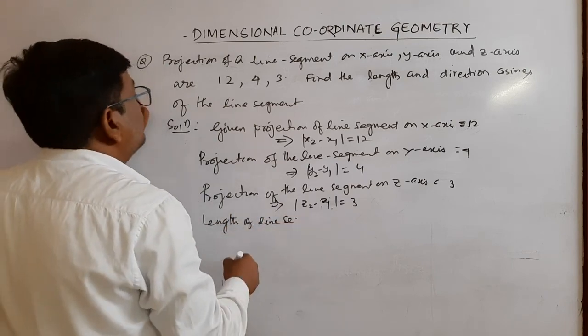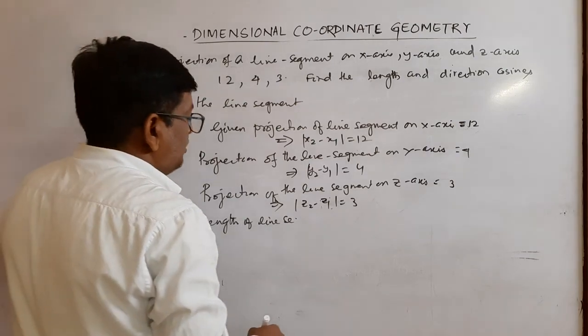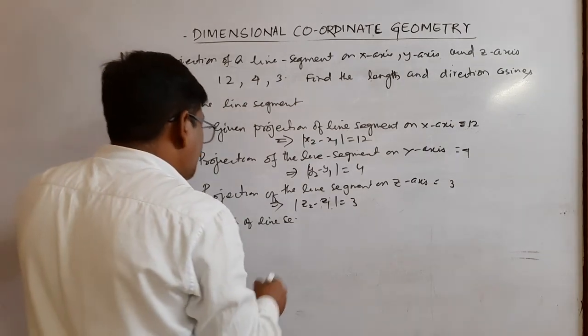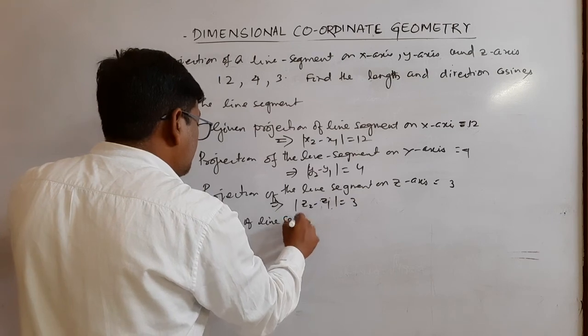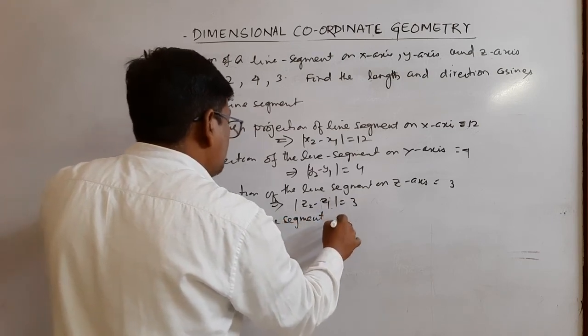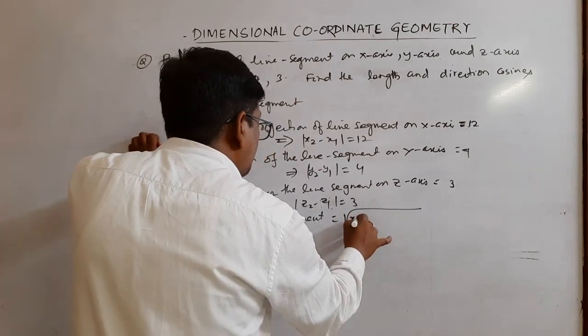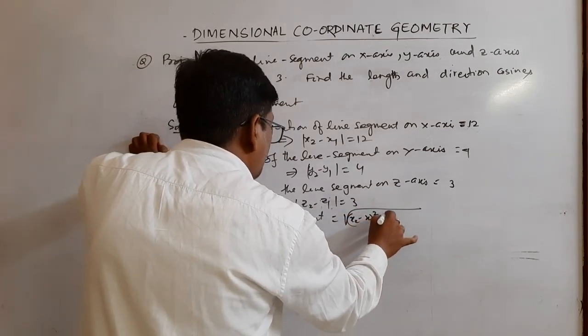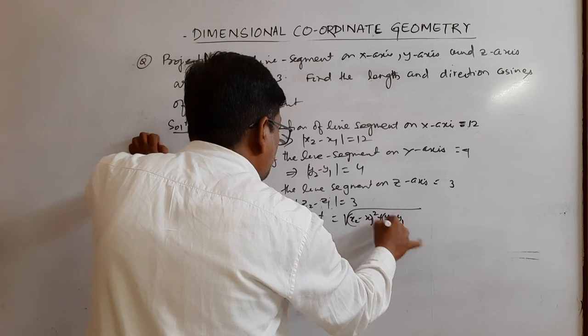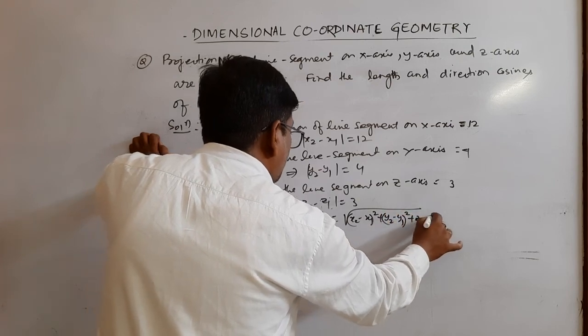Suppose the length of the line segment is equal to the square root of x2 minus x1 whole square, y2 minus y1 whole square, z2 minus z1 whole square.